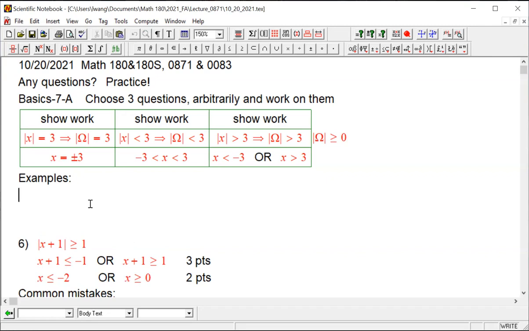Then I remember they used to tell us the inequality is the region. It's the equation. We say the solution and all those things in the previous classes we learned.